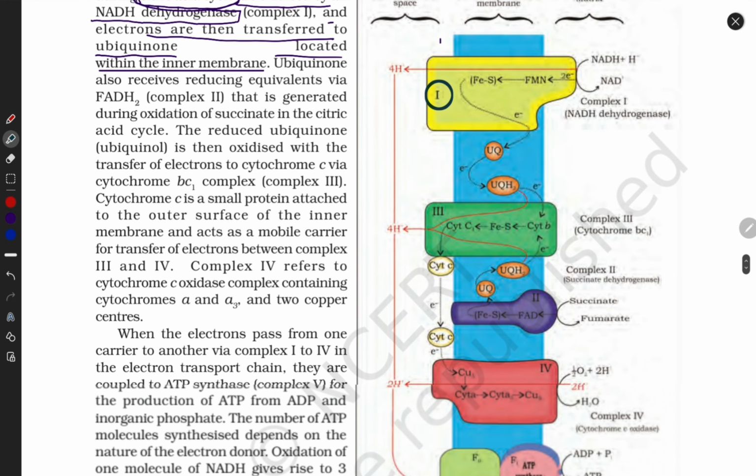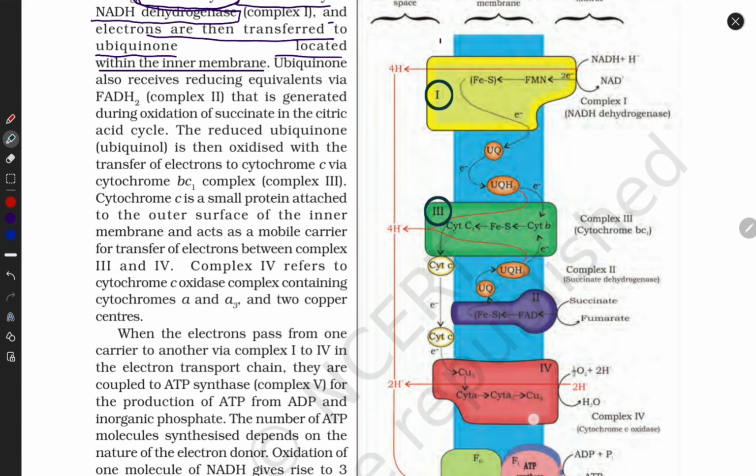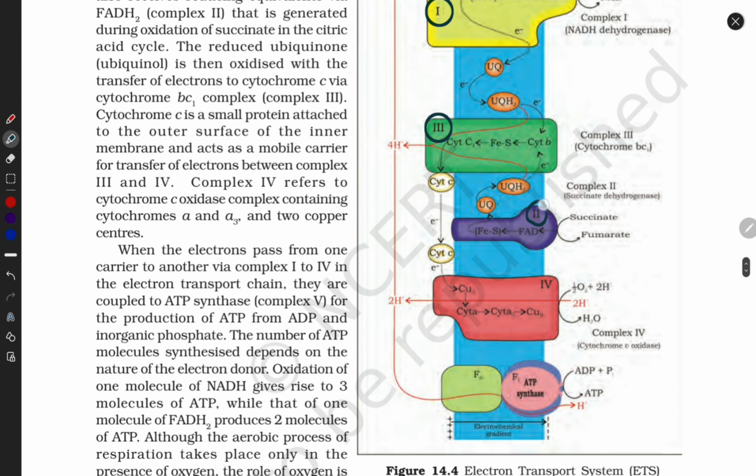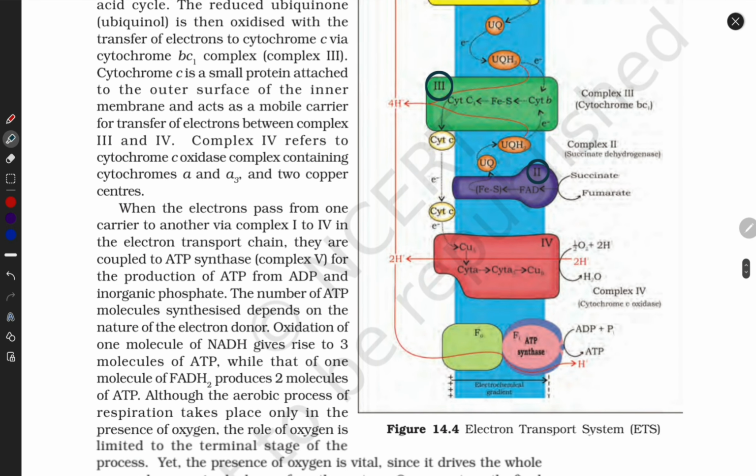This is complex third, and this is complex 2. Remember their arrangement, okay? Be specific. This is complex 4, and this is complex 5, and we can also call it the ATP synthase pump. Now this is clear.